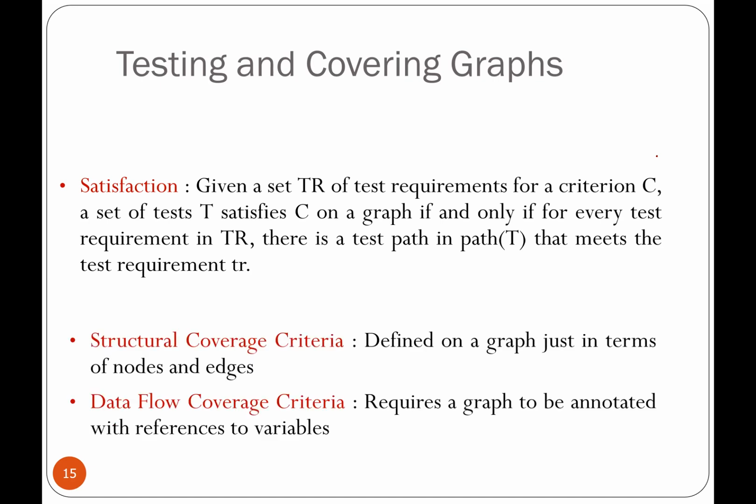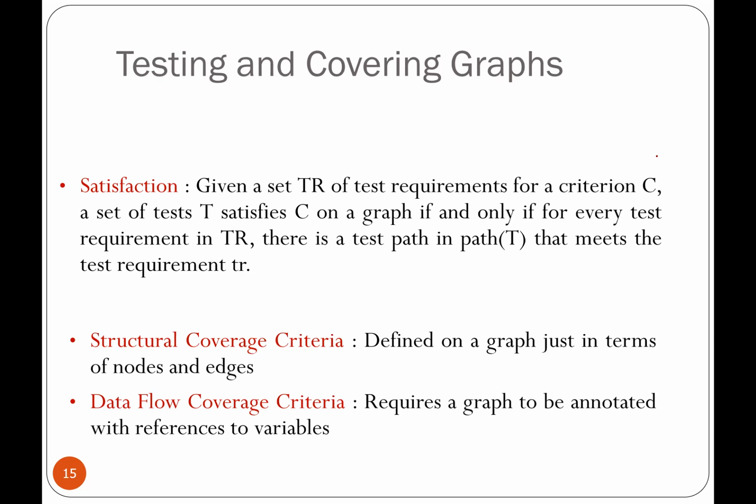Now, coverage criteria comes in two flavors. The first of which is called structural. When we talk about structural, we don't really care about variables and data and so on. We're just talking about the control flow structure of a source code, which we're representing as a graph.